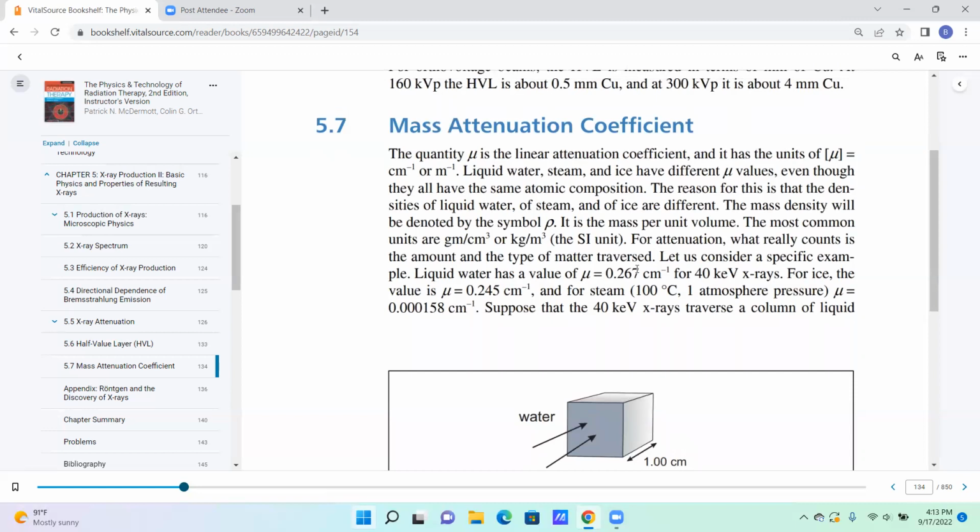Liquid water has a linear attenuation coefficient of 0.267 for 40 keV X-rays. For ice, it's a little smaller, 0.245. For steam, much smaller.